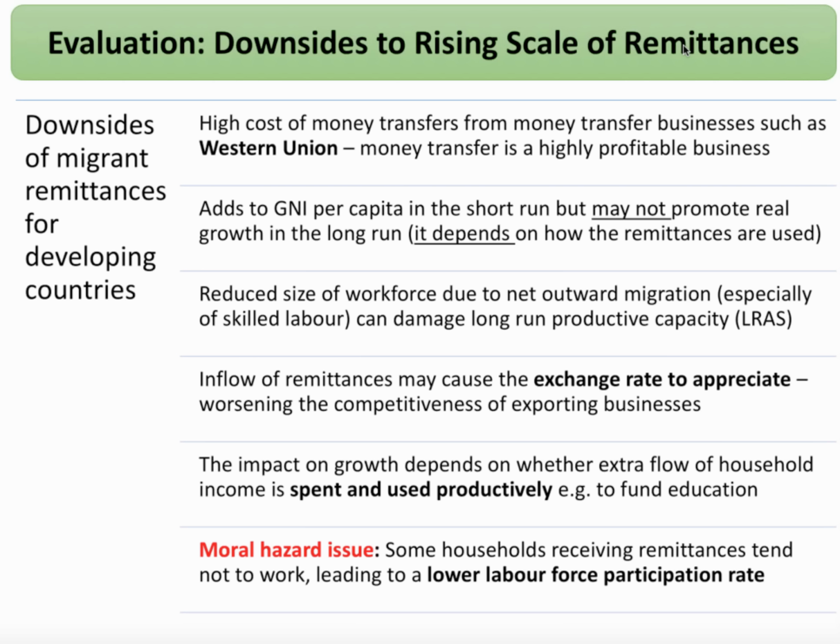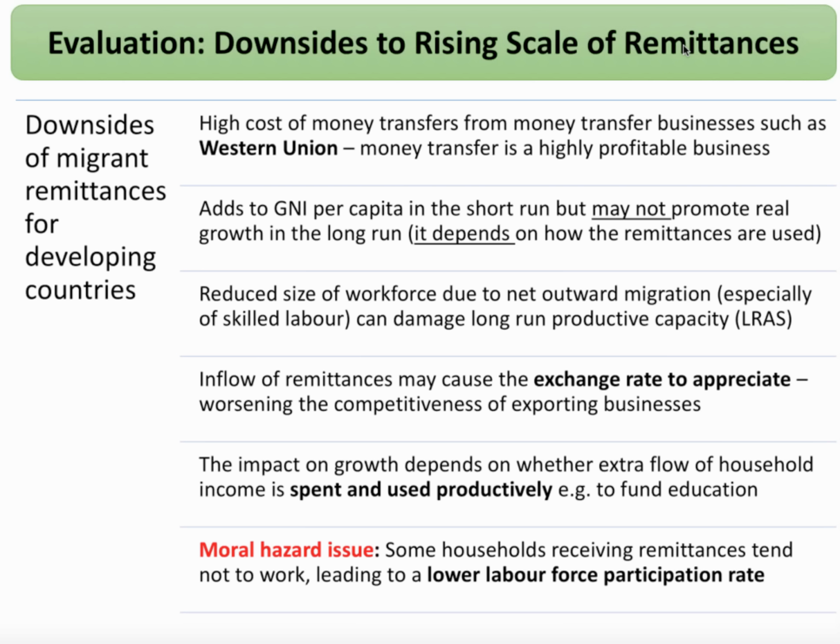And the crucial evaluative point, which I'm sure many of you will use, is it depends. It depends on how much money is coming in, and it depends on how that remittance income is used. Linked, of course, to remittance incomes coming in is that people must have left the economy at some stage in the past. We'll come back to that point in a second.